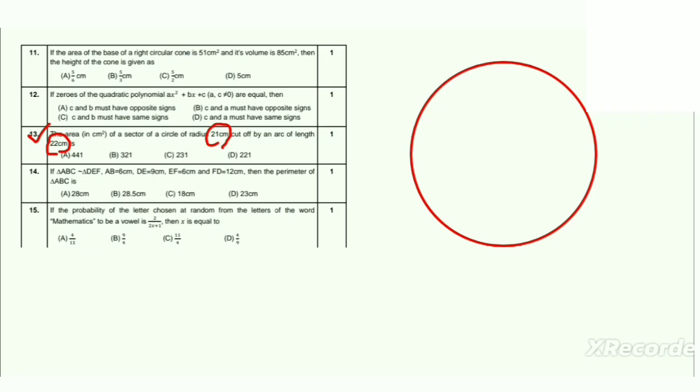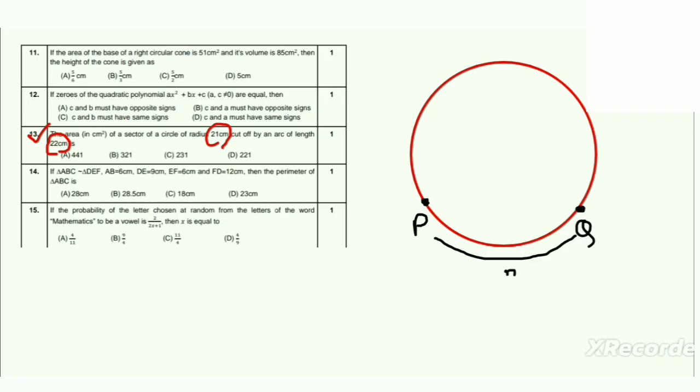So in this circle, here is a point, say P, and another point is here, say Q. Now the length between these two points P and Q is said to be an arc, whose length is given here as 22 centimeter.